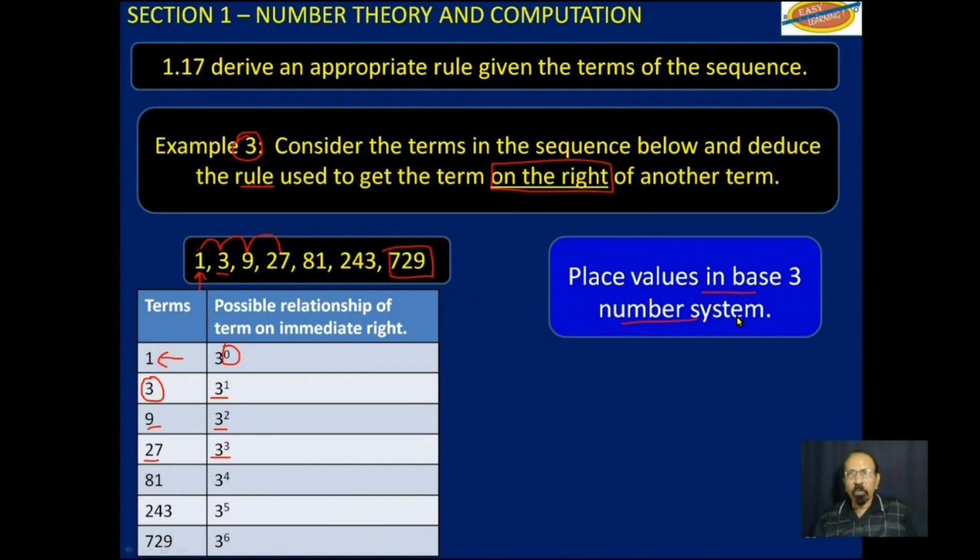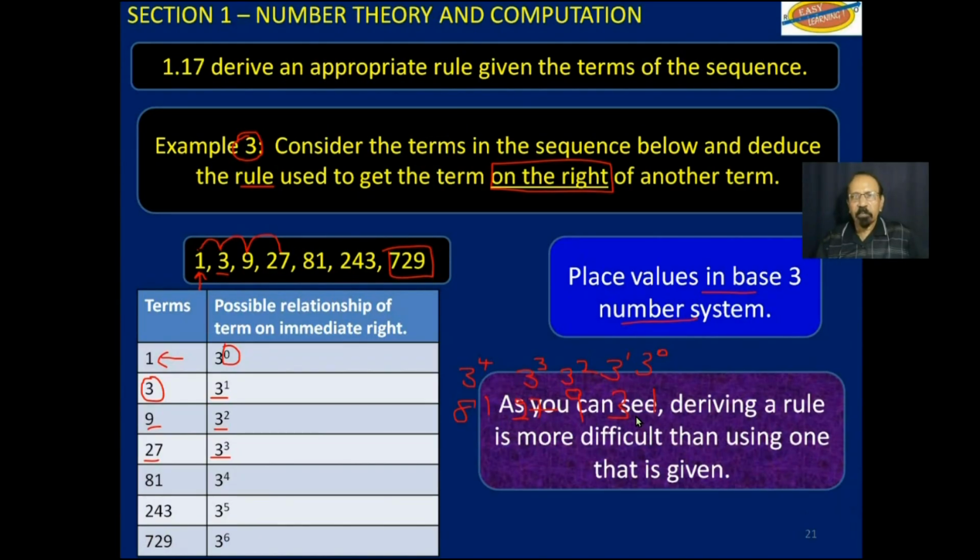In other words, we should have started with 1 on the right, then 3, then 9, then 27, then 81. This here being 3 to the 0, 3 to the first power, 3 to the second power, 3 to the third power, 3 to the fourth power, and so on. Those are the place values in base 3.